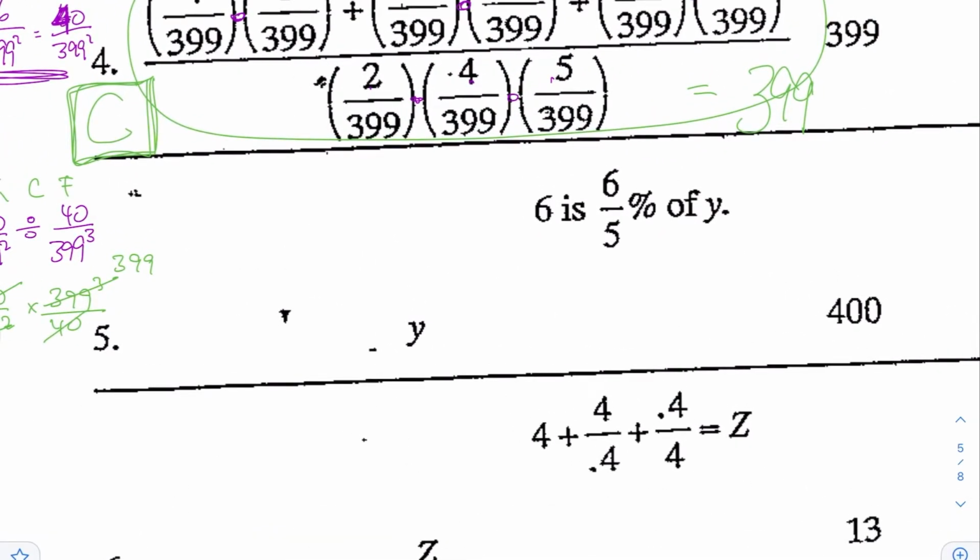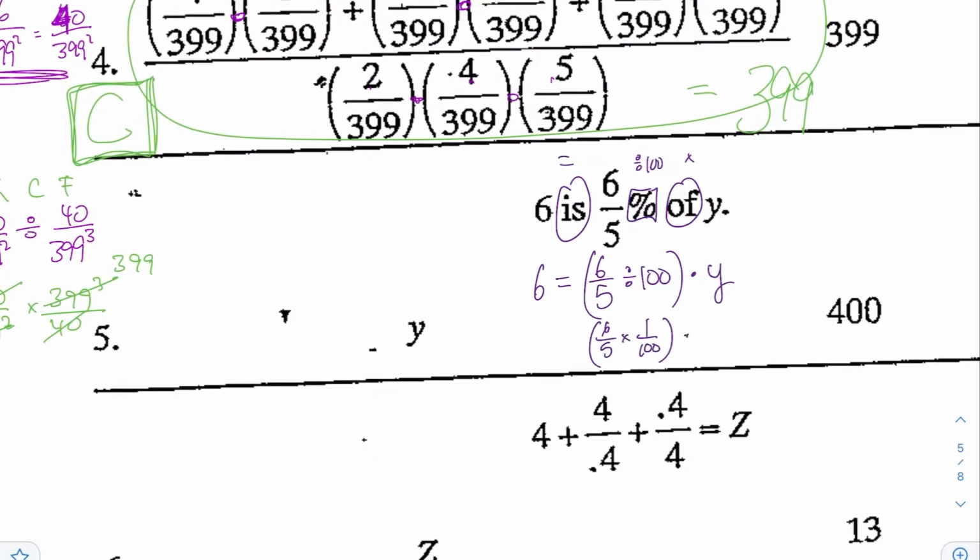Next, for number 5, 6 is 6 over 5% of y. So here you can turn the word sentence to a number sentence. Is means equals to, of means times, and percent means divided by 100. So you know that 6 is equal to 6 over 5, and you're dividing this by 100, and then you're multiplying it by y. So 6/5 divided by 100 means 6 over 5 times 1 over 100 when you keep change flip.